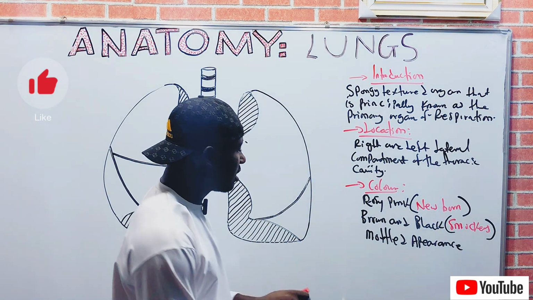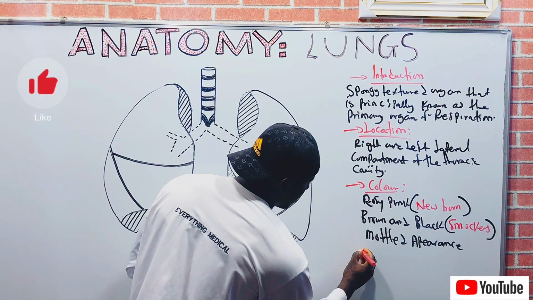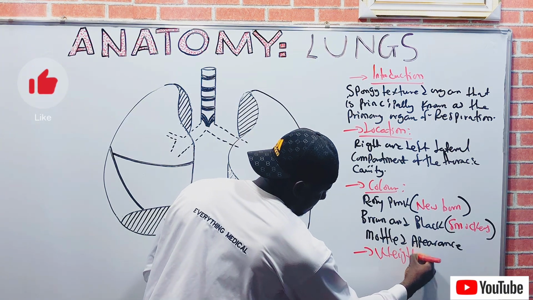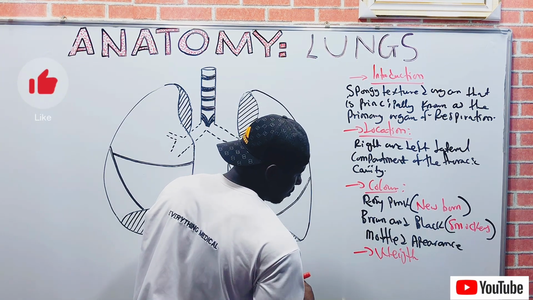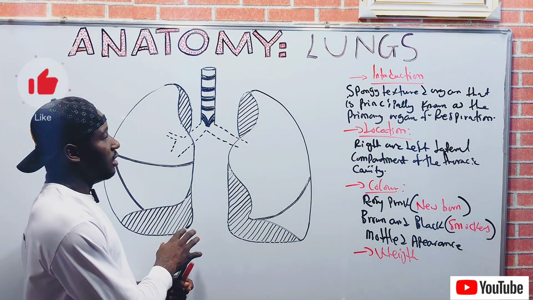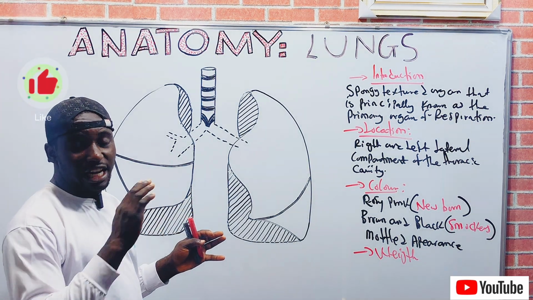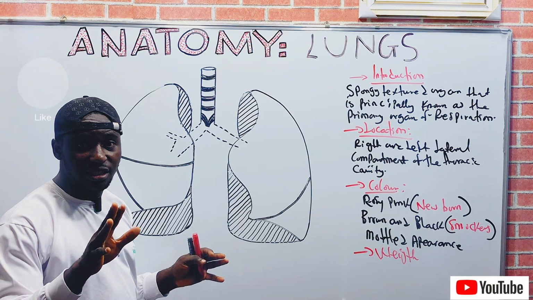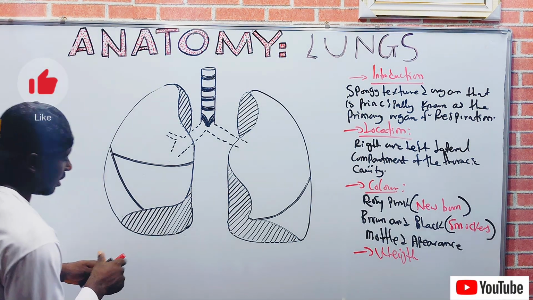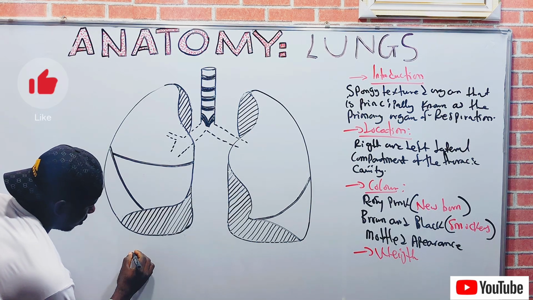The next is the weight. You have to understand that we have two lungs and both of them have different weight and structure. Now pay attention. This is right lung.